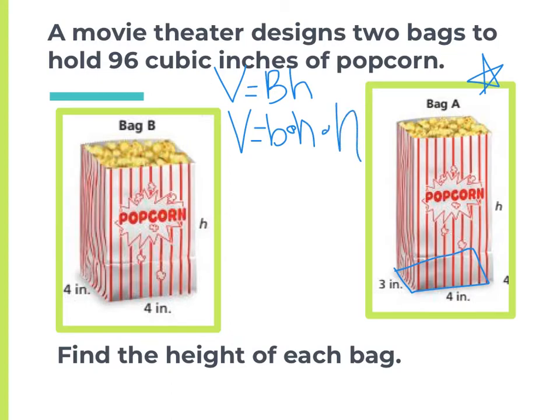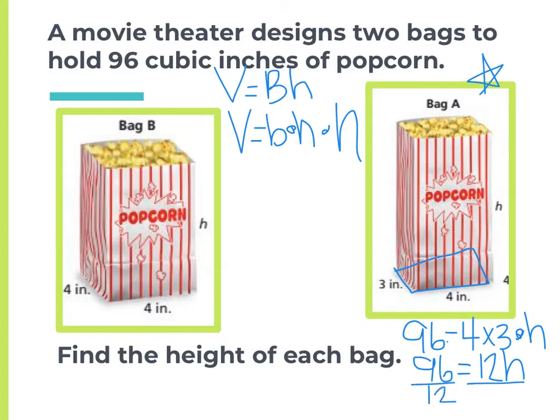Okay, so we know we have 96 equals 4 times 3 times whatever that height is of that prism. So 96 equals 12H. And now we can just divide by 12 on both sides. And we get the height equals 8 inches. Awesome. So 8 inches.